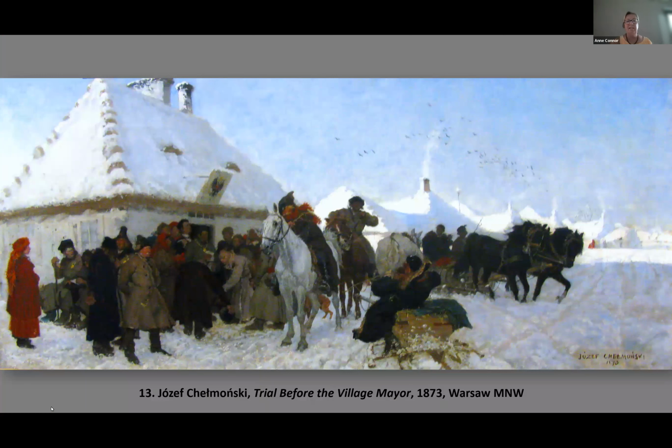This is definitely part of his discovery of the territory in northern Poland when he visited that around 74. And so you can see Trial Before the Village Mayor. And you can almost feel the cold of all that snow that is there, and then people discussing there on their horse and sled.